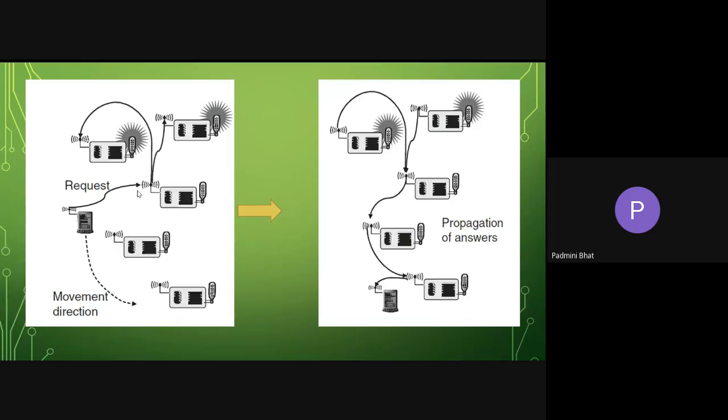Once this request is considered, the request was passed on to this. Now this is sending the response, and this is sending the response. Those responses are sent here, because the mobile has already moved to this place by the time the response came.